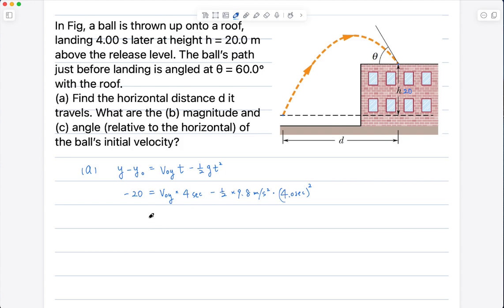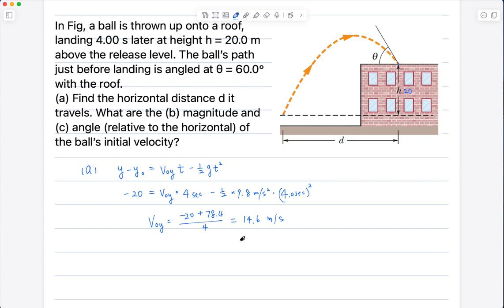I can calculate the initial velocity y component as negative 20 plus 78.4, over 4. That is equal to 14.6 meters per second.